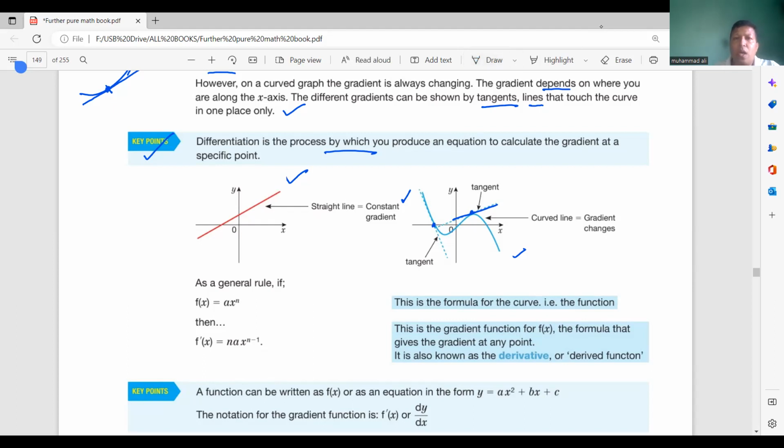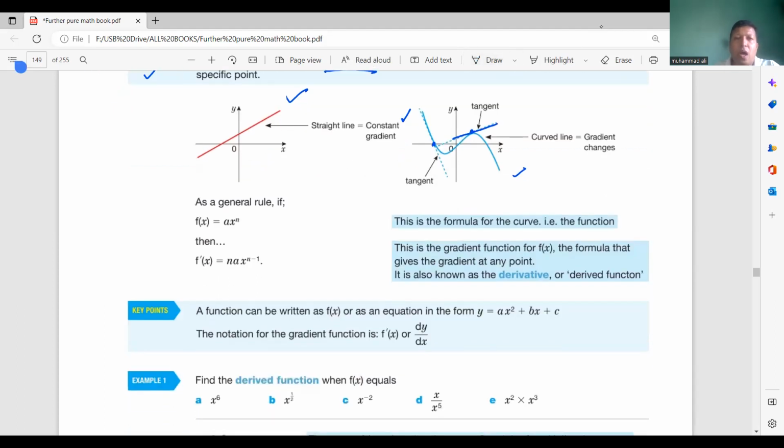Now we try to learn how we can do the differentiation of a function, a quadratic curve like this. This is the basic formula: f(x) equals x to the power n. If we differentiate, we write f prime x equals n x to the power n minus 1.